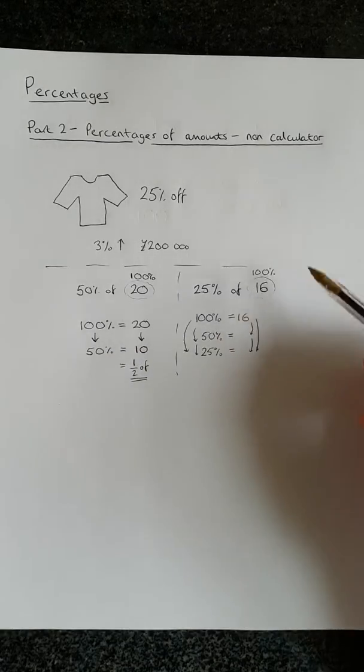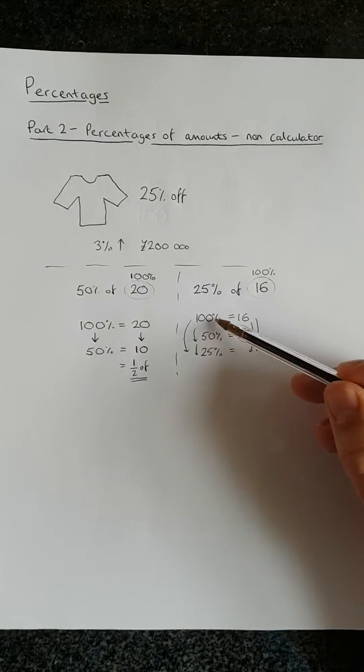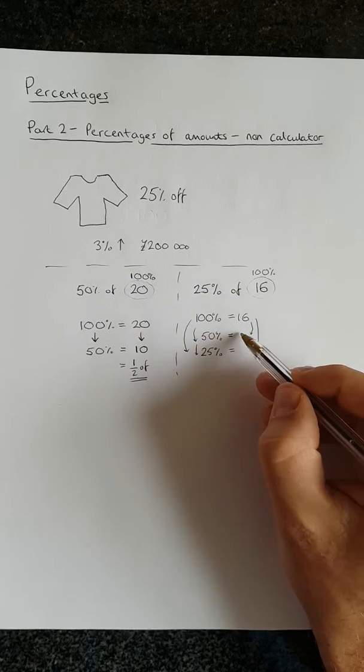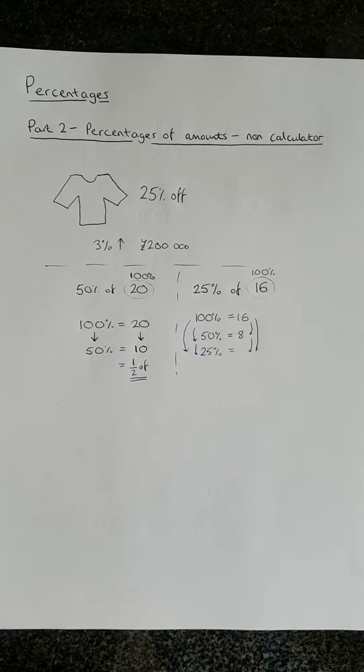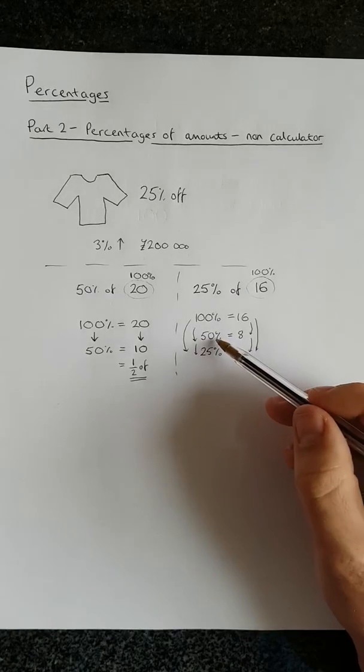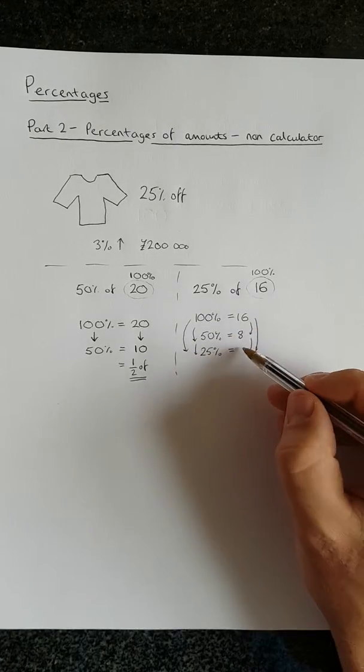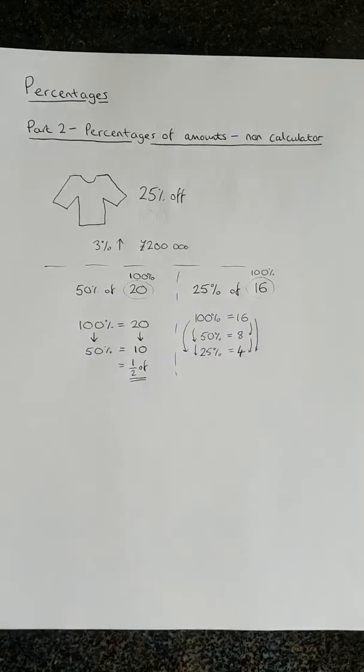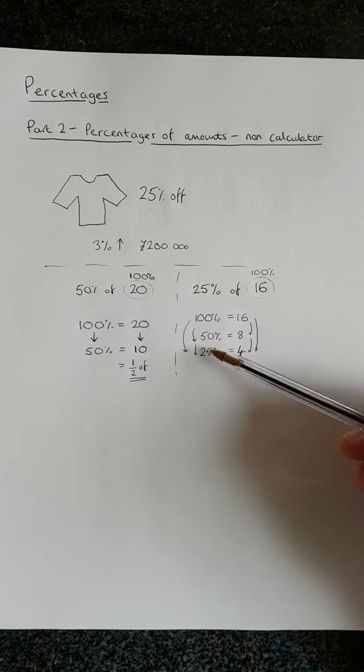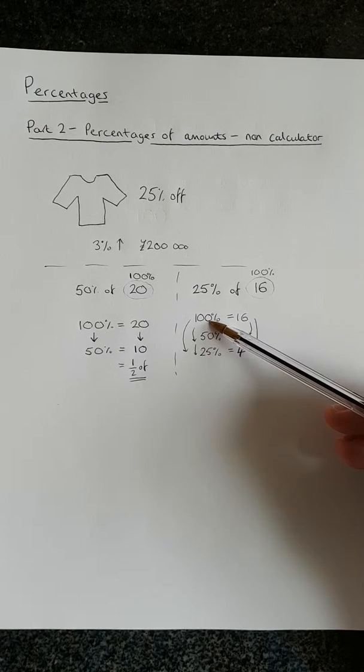So, if you were to work out 50 first, you've halved it. So that would be 8. Then to work out 25, you'd half it again to get 4. If you did it all in one go, 100 to 25, well, 4 of those go into that.